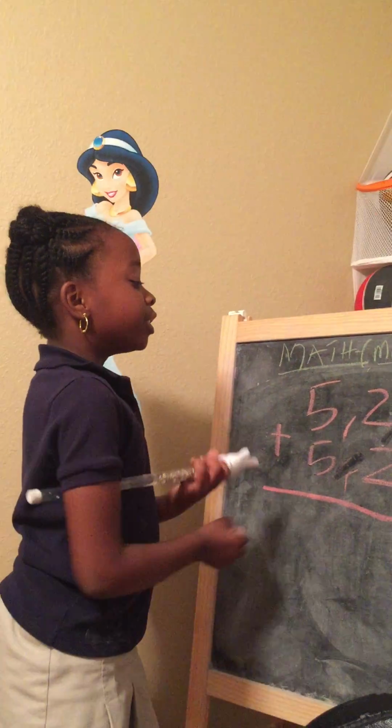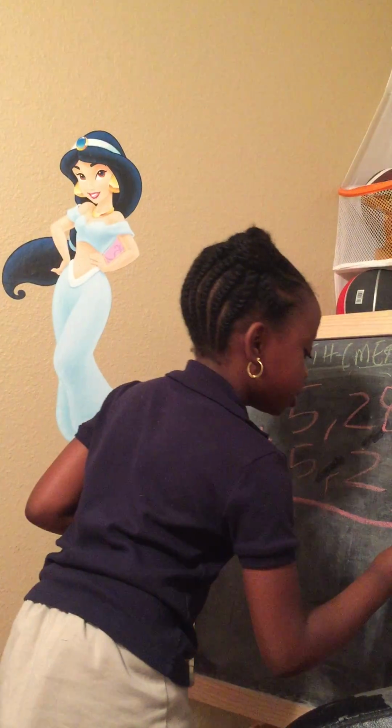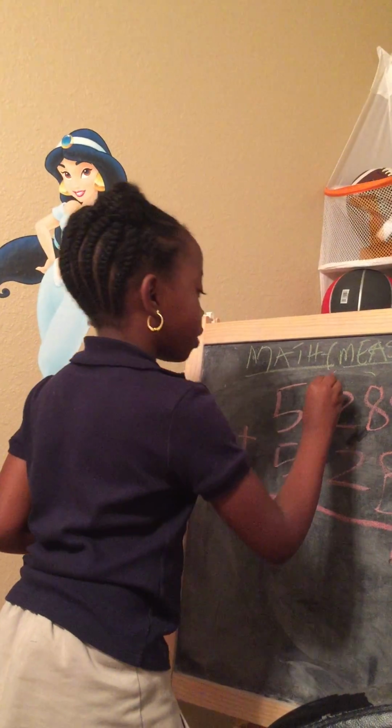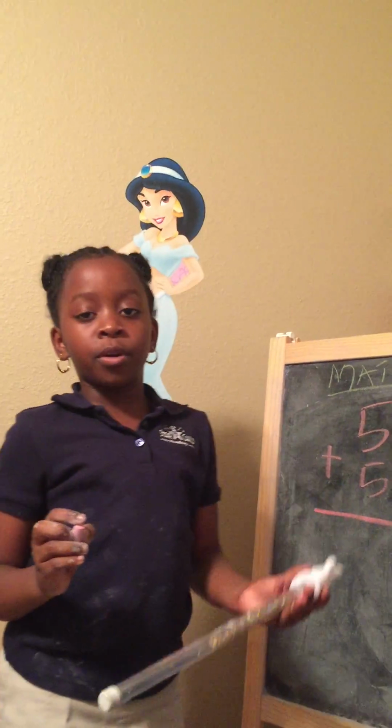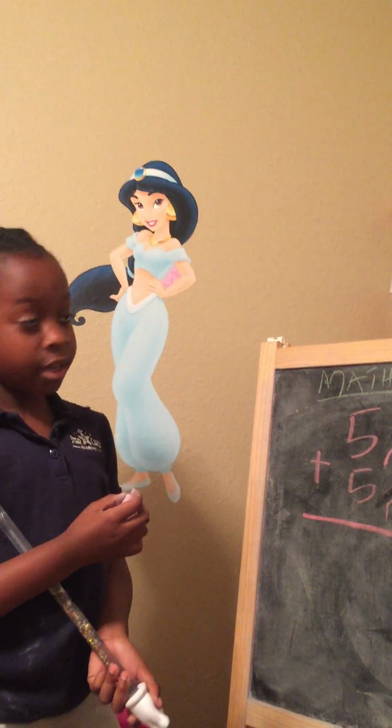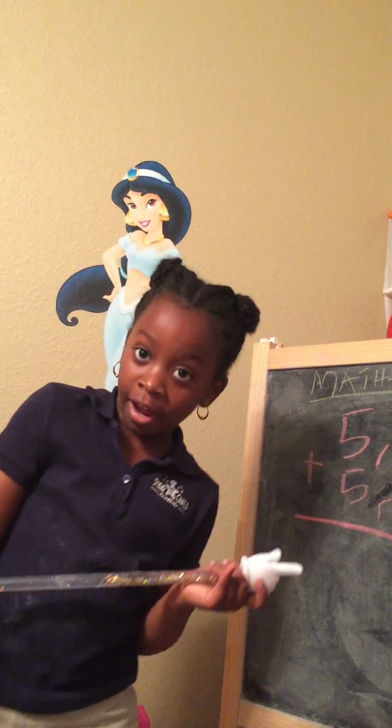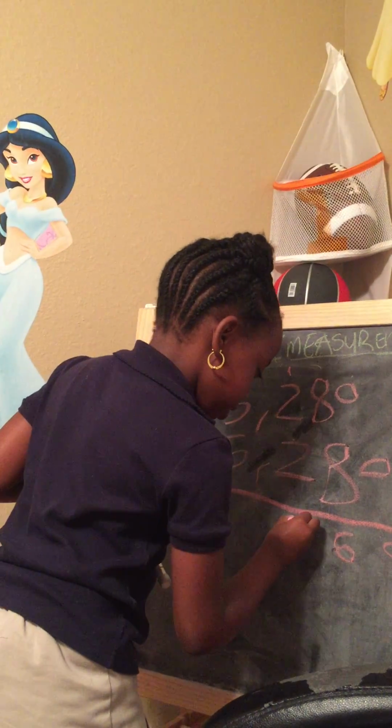Do you agree with that? Yes, I do. Okay. So, you draw 6, hold on to the 1 right here. 2 plus 2 is 4. Do you agree? Yes, ma'am. Plus 1 is 5. Absolutely. So you draw this.